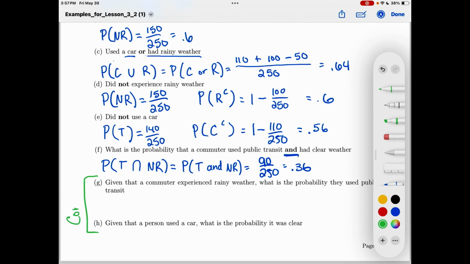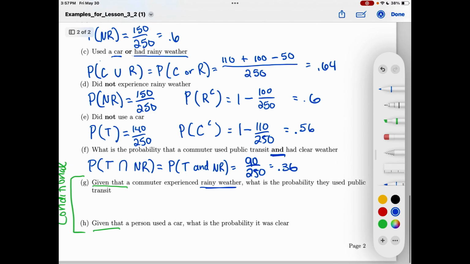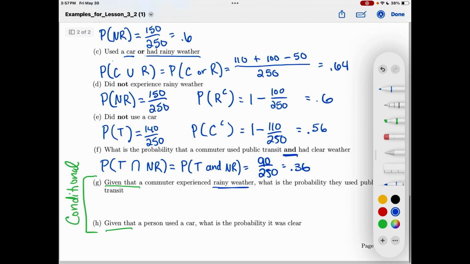Our last two examples we're going to look at are conditional. We're making an assumption. Given that a commuter experienced rainy weather, what's the probability that they used public transit? So we're going to assume that the person that we're picking experienced rainy weather. So we're only looking at the group of people that experienced rainy weather.